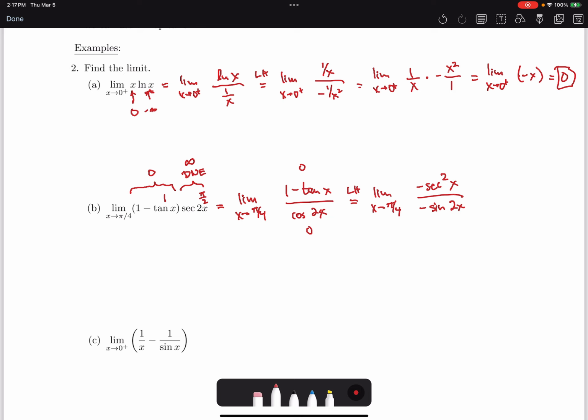Chain rule. So we would multiply by 2. I'm just going to go ahead and pop that 2 in front here. So we've got negative 2 sine 2x. Okay, the negatives cancel, obviously. But what happens when we plug in pi over 4?